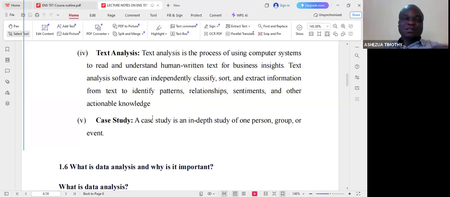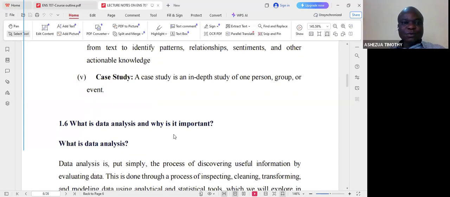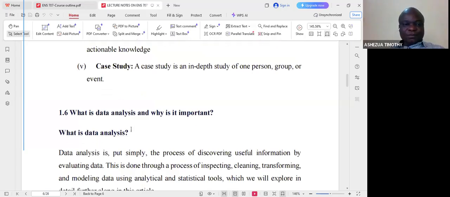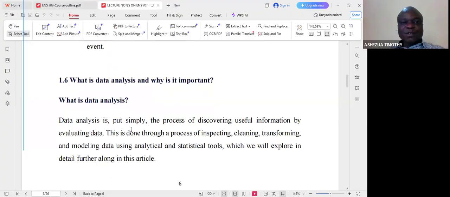You can now be specific to what you are really looking at. What is statistical? What is data analysis? Why data analysis? Why is it important? Now, data analysis, simply put, is the process of discovering useful information by evaluating data.